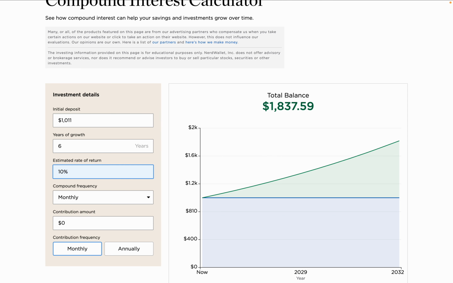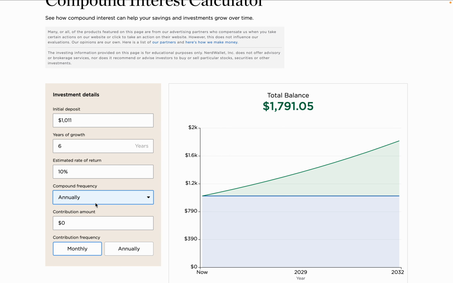Actually, let's change the compound frequency from monthly to annually. Before we continue, I'm going to keep the estimated rate of return at 10% throughout the video, and the compound frequency I'll keep at annually.